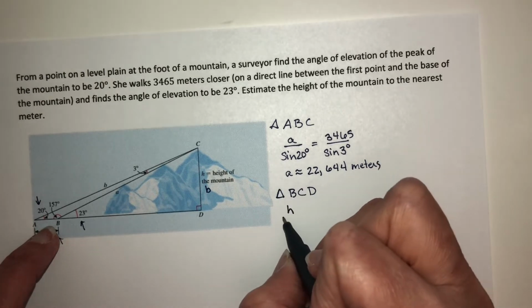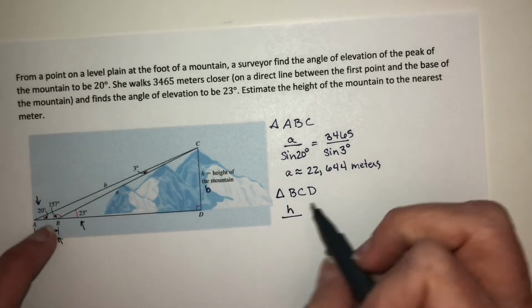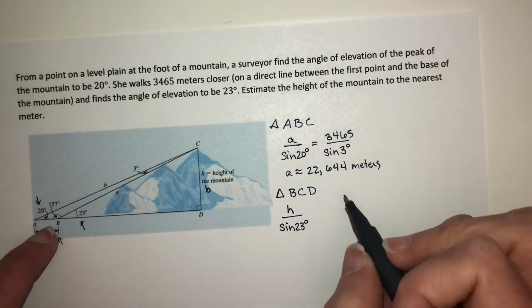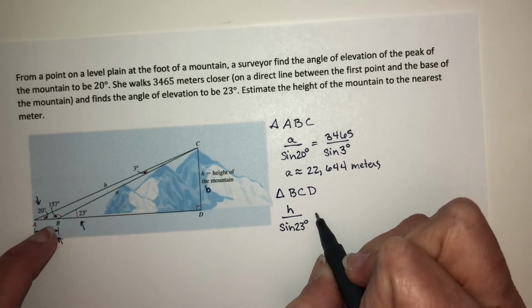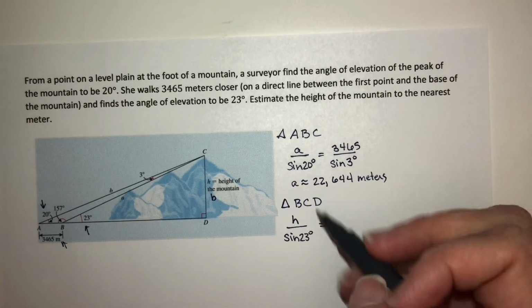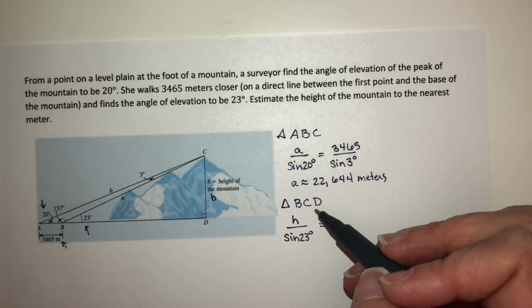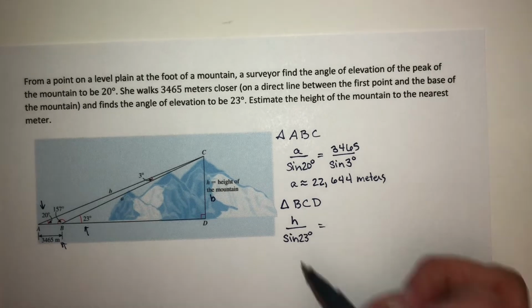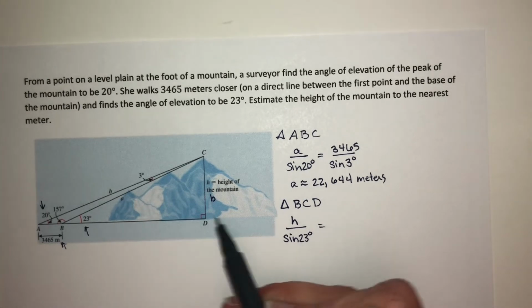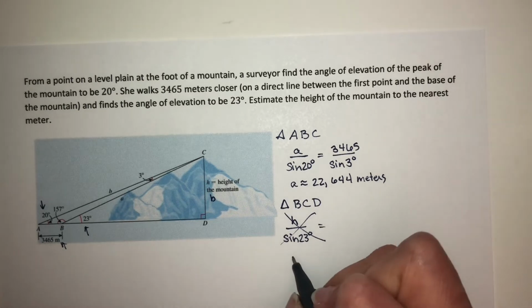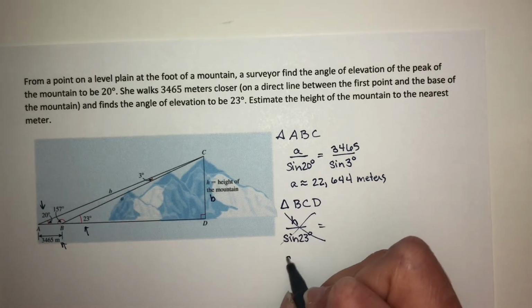So H or B over sine of 23 degrees is equal to, well, you know what? I could do it that way, but we do have another option. I can just look at sine of 23 degrees since this is a right triangle. So we can ignore that if we want to. It will work, but we don't have to.